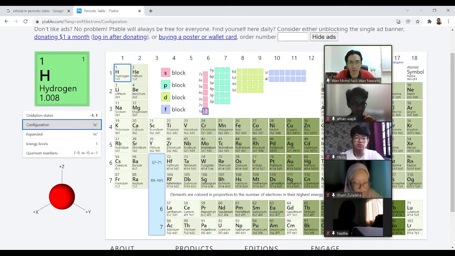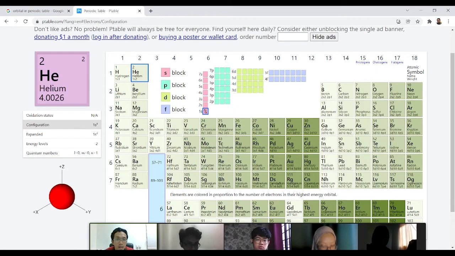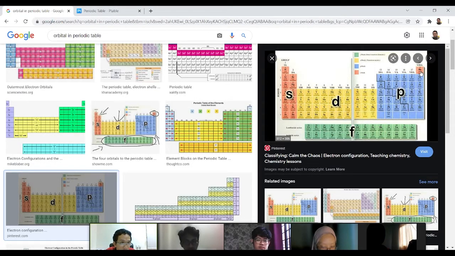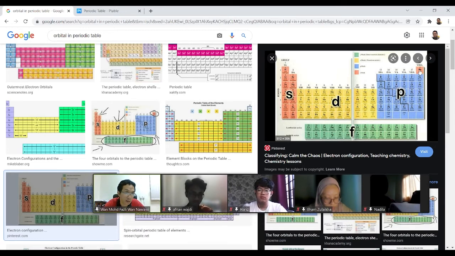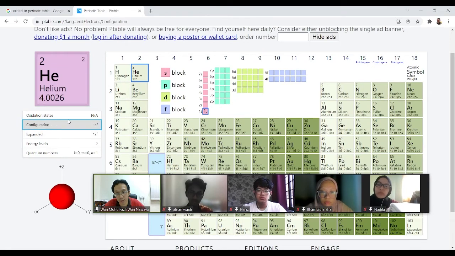Helium, they bring the helium here to make things easy, so it is 1s2. The color is red. Even though the region is p, the helium is still an s orbital. That's why they bring it there. So helium is 1s.